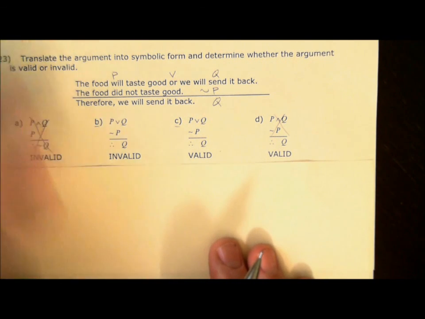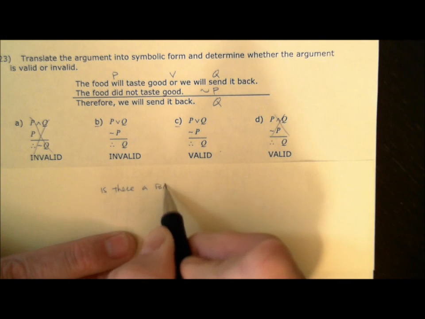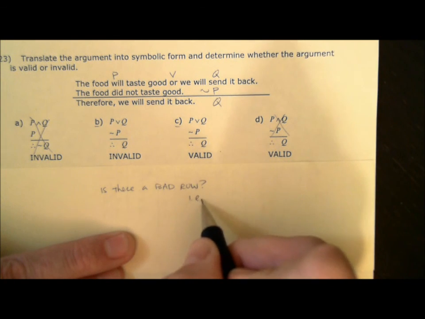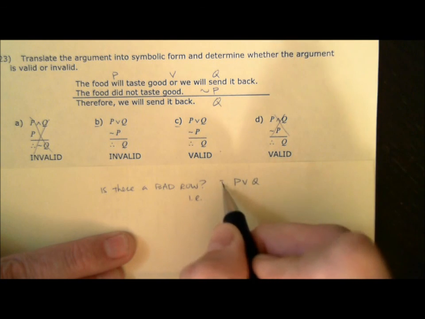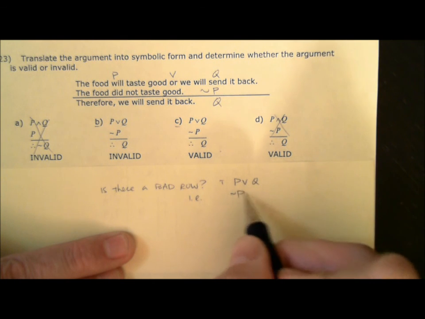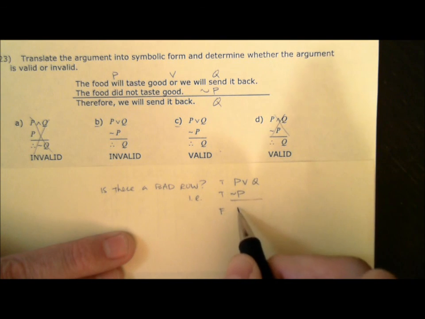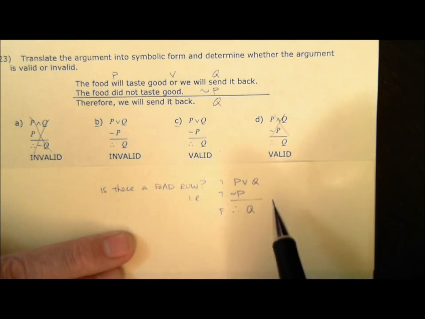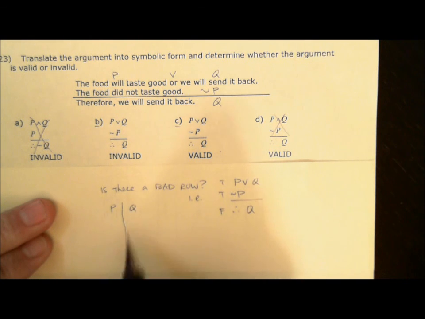If we're trying to find a bad row, that is, can we find a case where P or Q is true, not P is true, but Q is false? Well, let's look at our possibilities. We have P and Q take on as a pair any one of these four values.